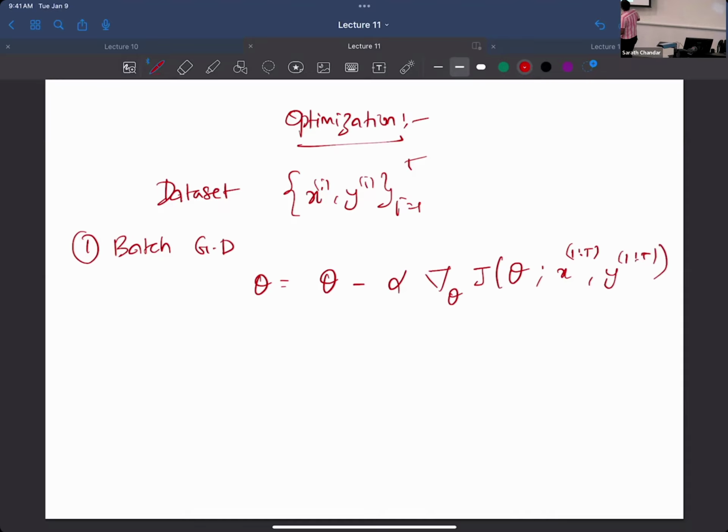So this was my batch gradient descent. I'm computing the gradient of the loss function or objective function j with respect to all the t examples, right?